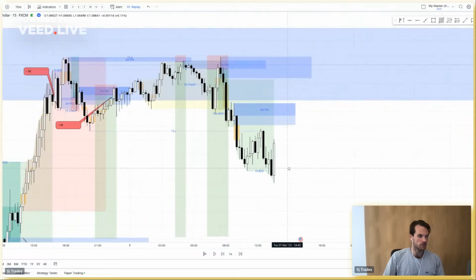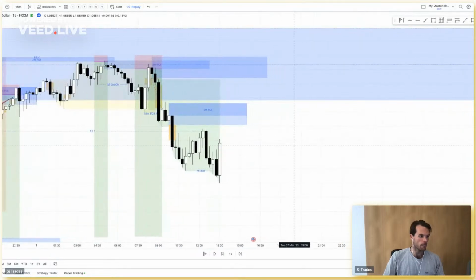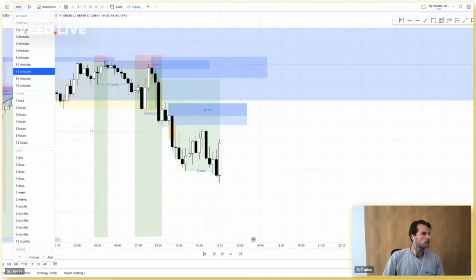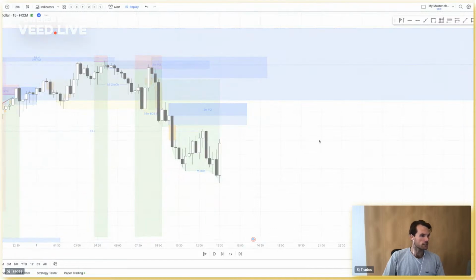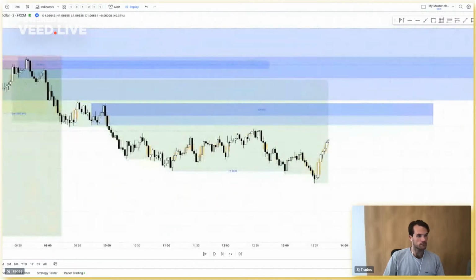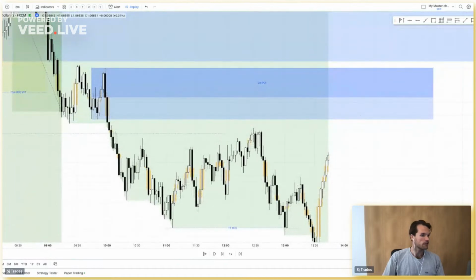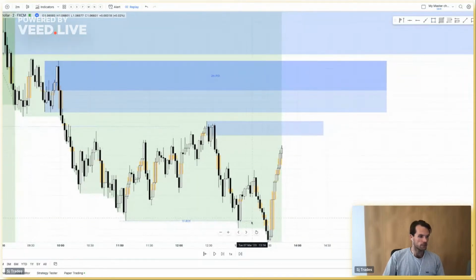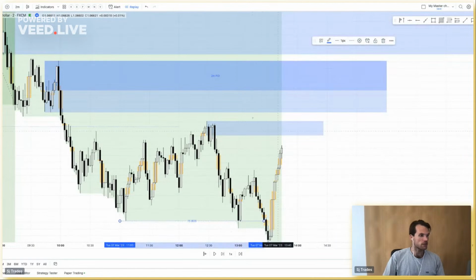Got the open coming up soon. Let's have a look. If we were to take it, I think the same thing again. Where's the high? This one. If we can, this is the breaker structure. We take that as the high. Taking the short.